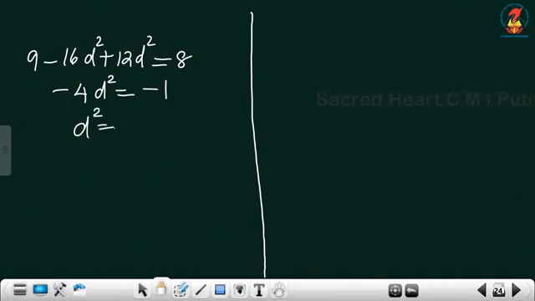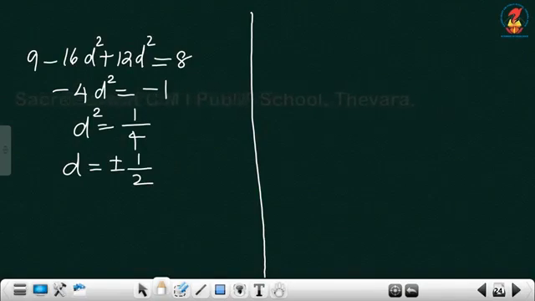So d square is equal to 1 by 4. So we can take d as plus or minus 1 by 2. d is equal to plus or minus 1 by 2. So what you have to find is the sum of first 16 terms. So first case, d is equal to 1 by 2.